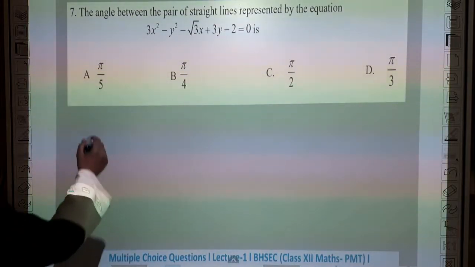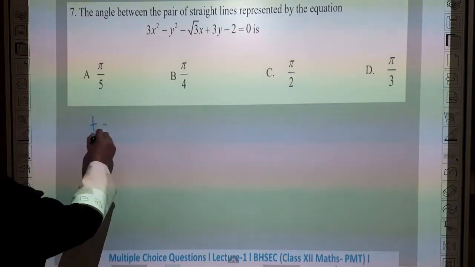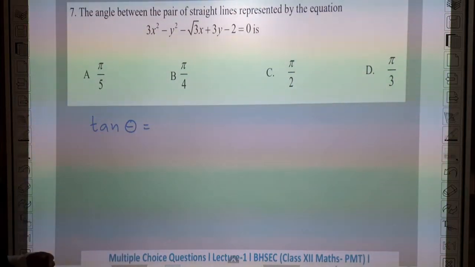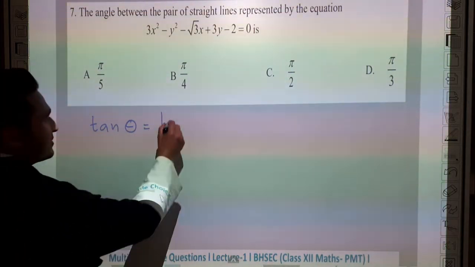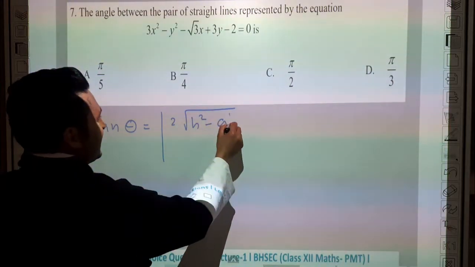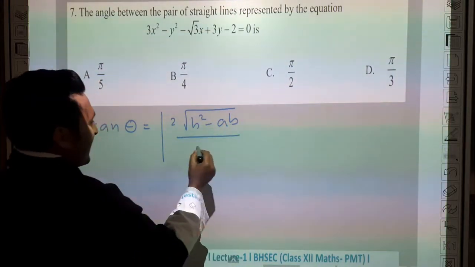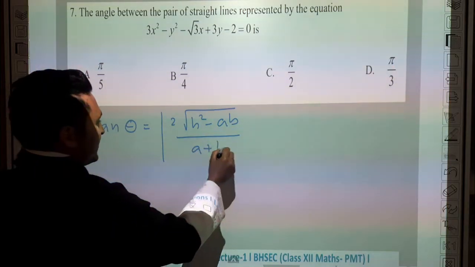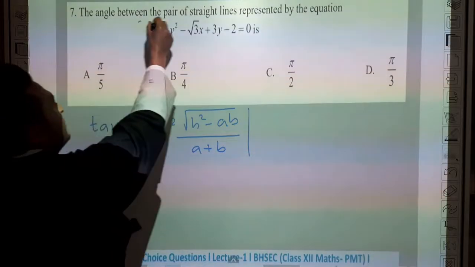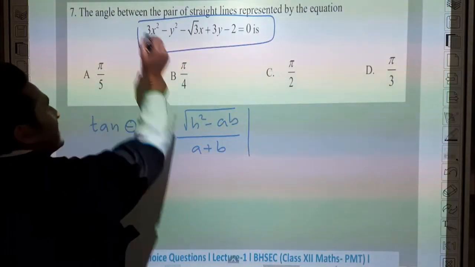Find the angle. As soon as we are told that we have to find the angle, we should know this relation: tan theta is equal to modulus of 2 times root of h square minus a times b, divided by a plus b. Now this is the equation of a pair of straight lines.